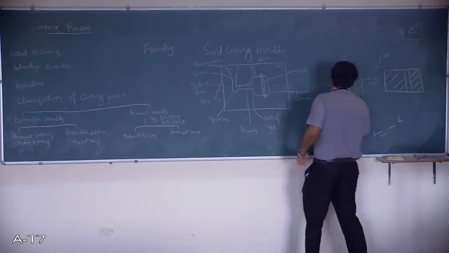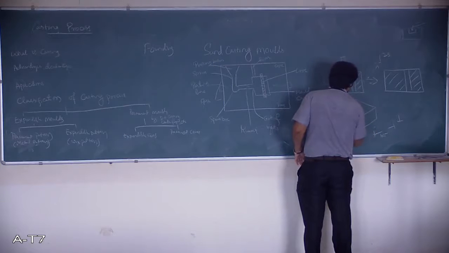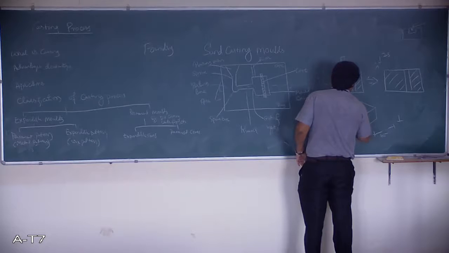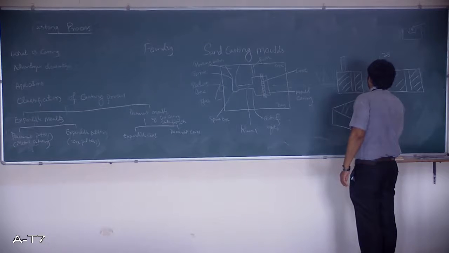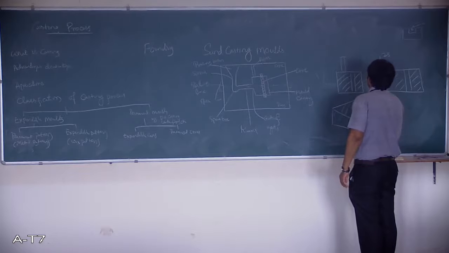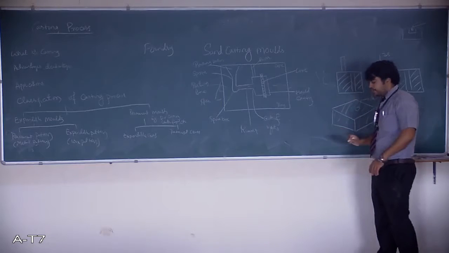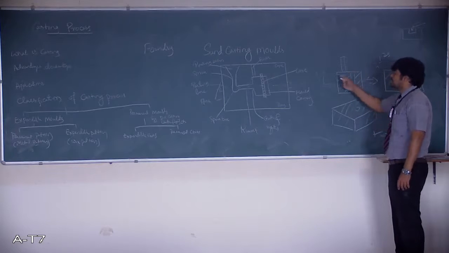In reality, if you want to see it in the isometric view, it is something like this. So this is the component and this is the hole. This is how it is going to be seen.